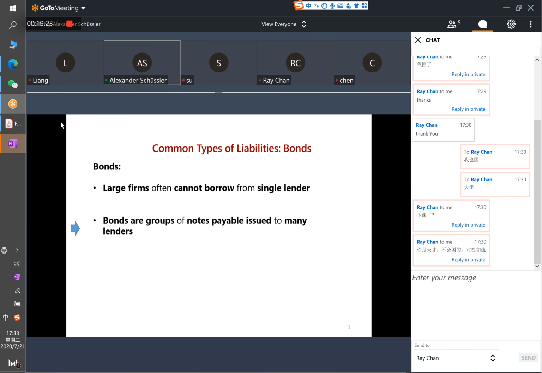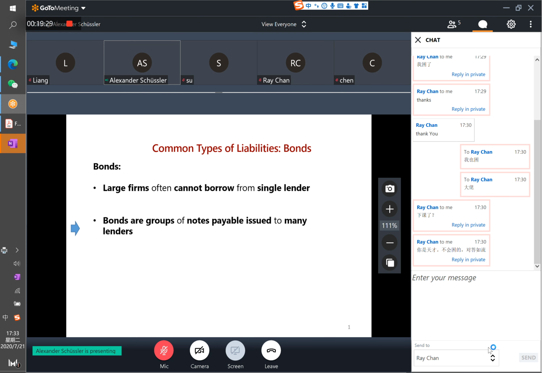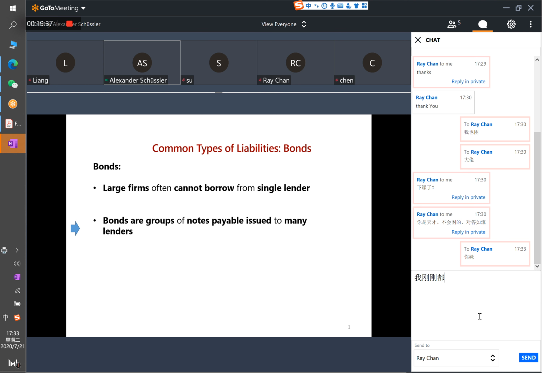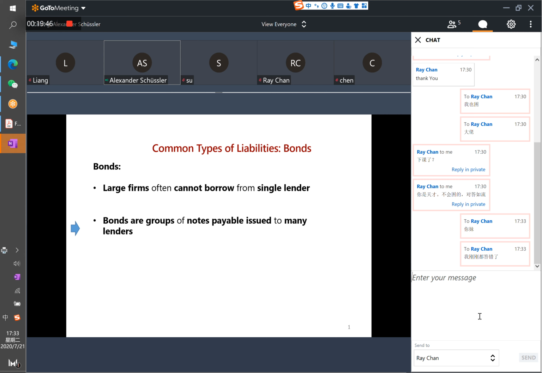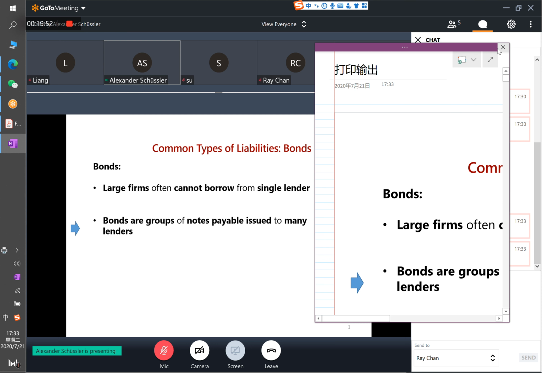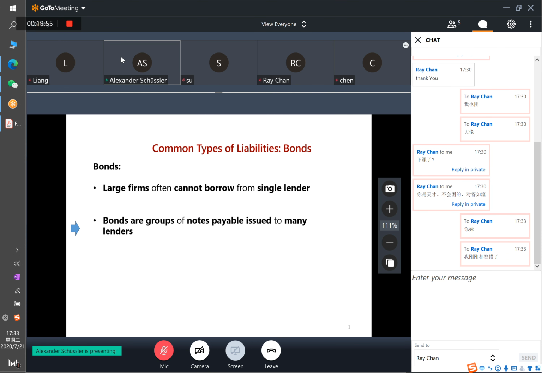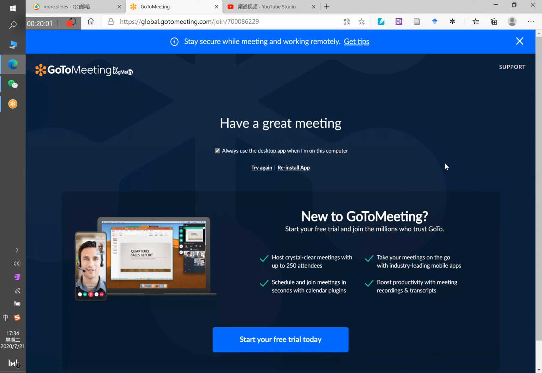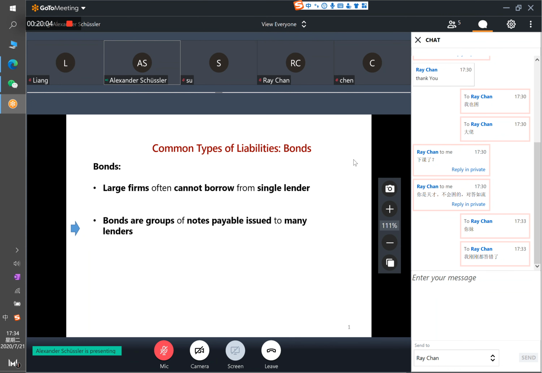Bonds are good for companies because often large companies that need a lot of money cannot borrow from one single lender, and instead they have to borrow from many lenders. Therefore a bond is a very good vehicle. If you need a lot of money, you can issue bonds, and many lenders can buy the bonds and finance you.